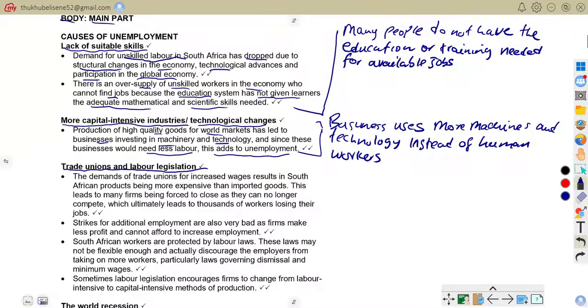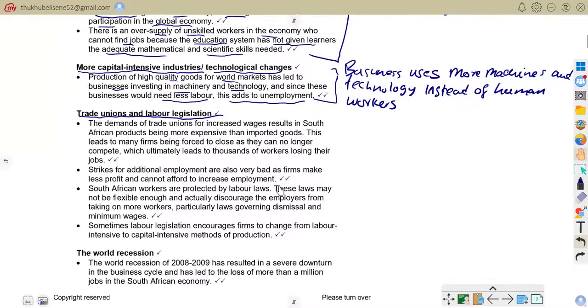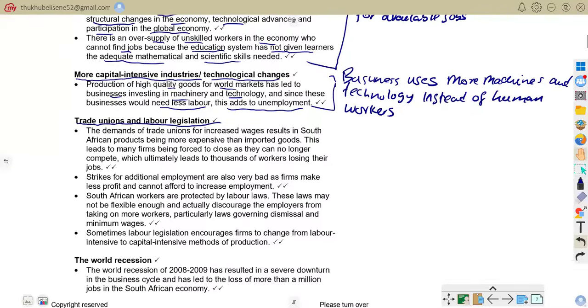So now let us quickly go to the points mentioned under trade unions. The demands of trade unions for increased wages result in South African products being more expensive than imported goods.